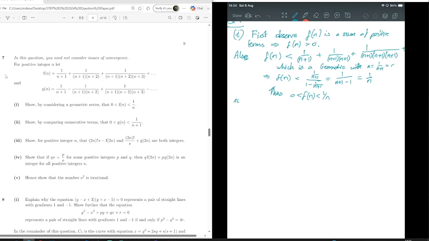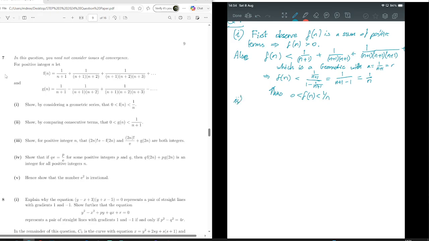Part 2 is going to be very similar. By comparing consecutive terms, and to me that's actually incredibly scary because convergence is an issue when you come to think about these things. We've been told not to worry about convergence, so we'll get away with it.